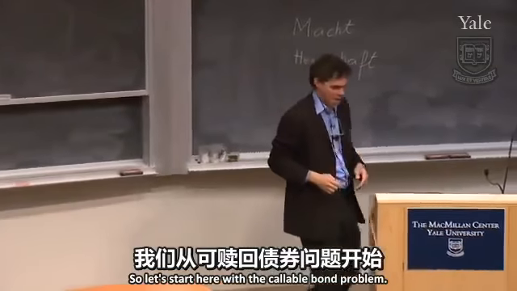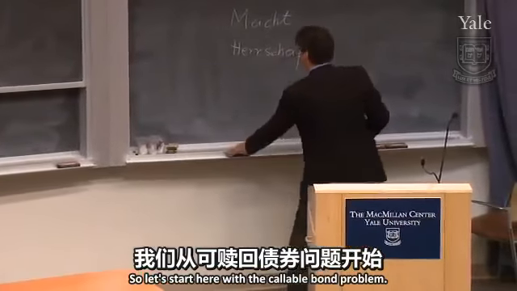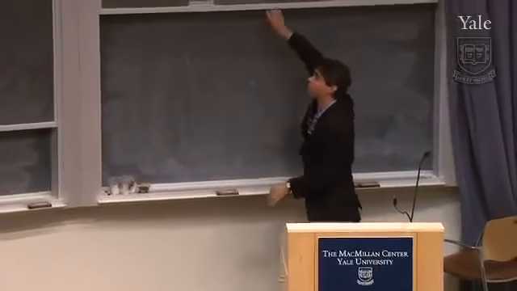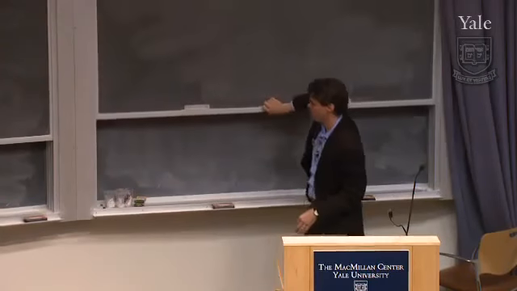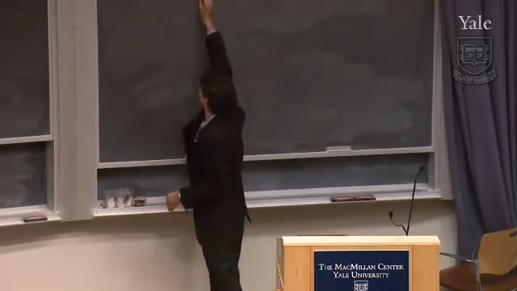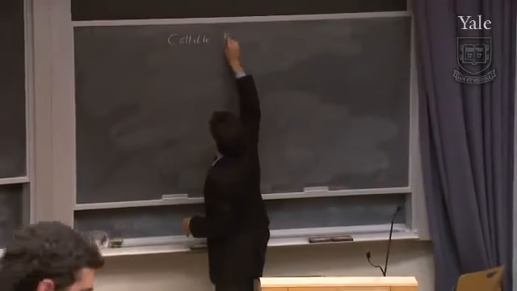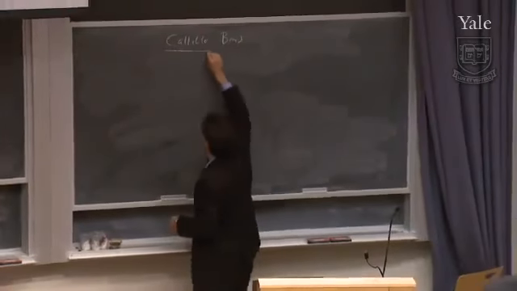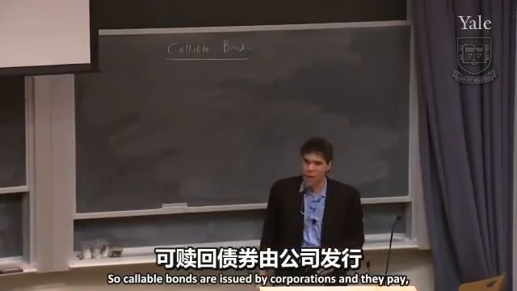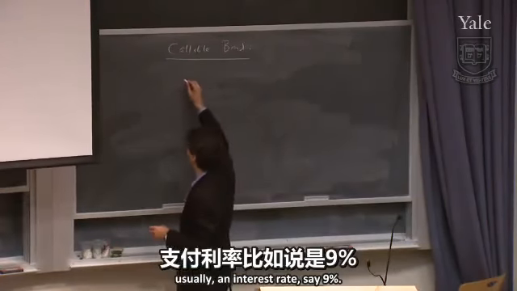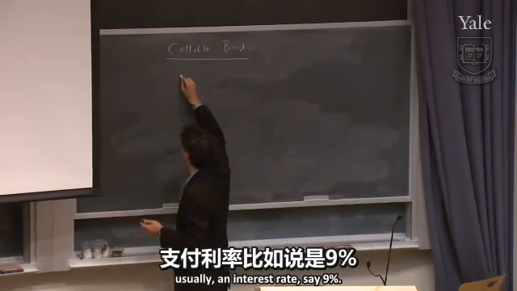So let's start here with the callable bond problem. Callable bonds are issued by corporations, and they pay usually an interest rate, say 9%.